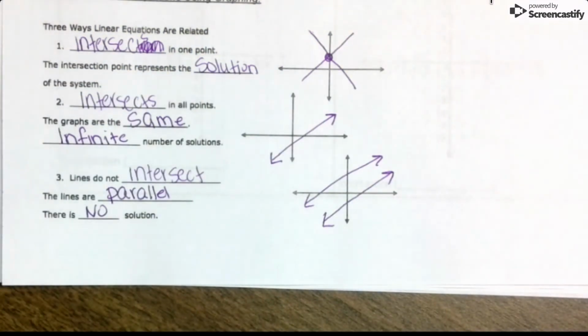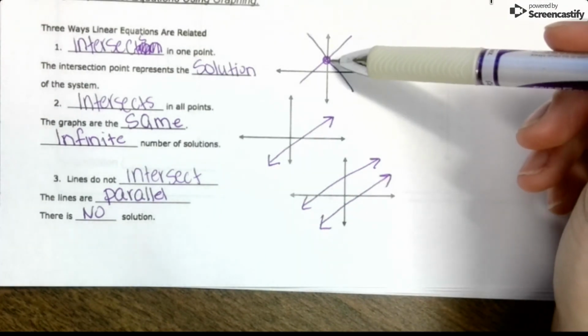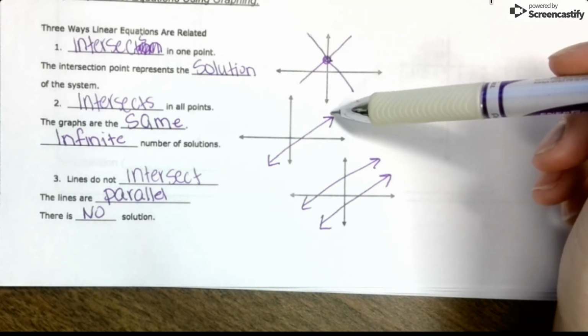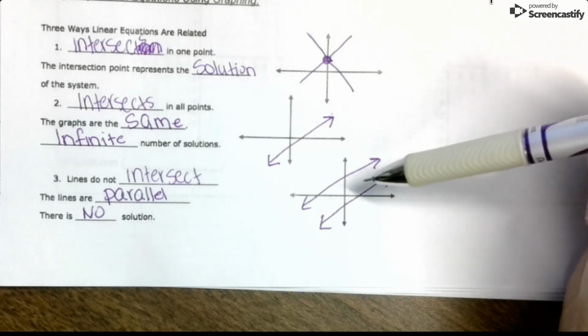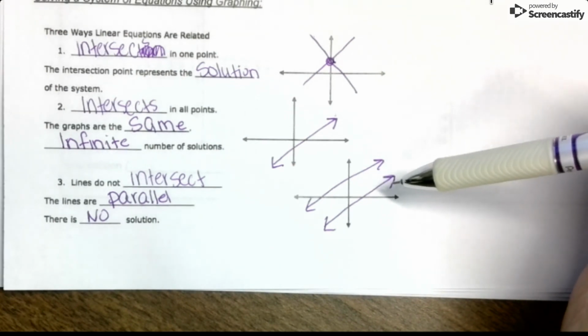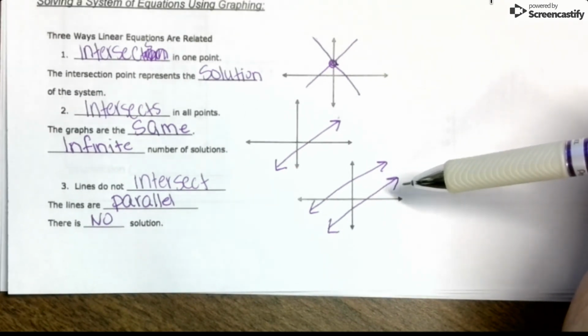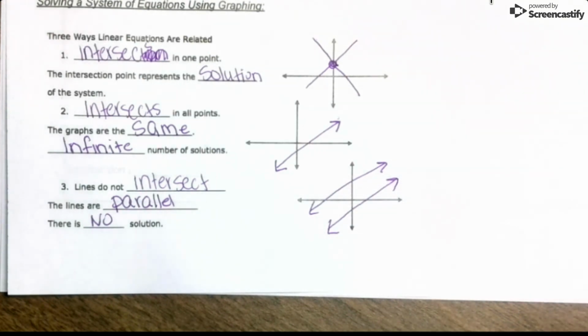So when we were doing number of solutions, this would be x equals 3, x equals something else. This would be when we have the same exact thing on both sides. This would be when the number next to x is the exact same, right? That coefficient, but our constants are different. Okay? So now we're going to actually get into plotting some of these and looking at them together.